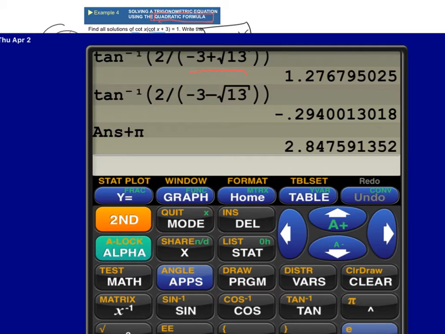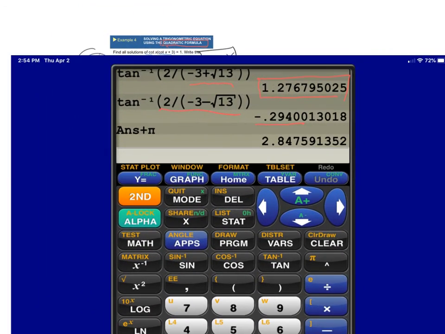But I also have to do 2 over -3 minus the square root of 13. Now this is one of my answers because it's in that range between 0 and 2 pi. This is negative. So I have to deal with that.